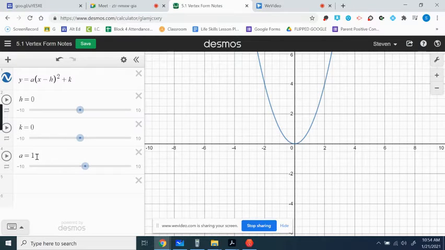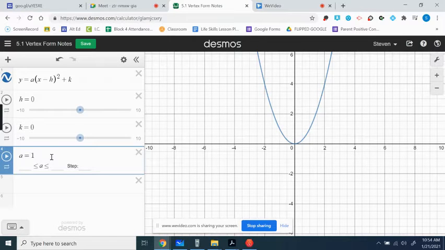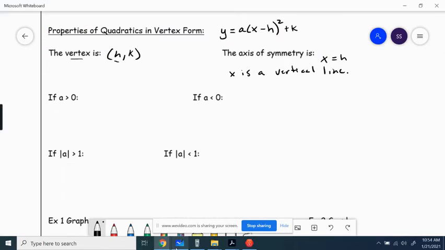What if the a value is less than 0? Let's make this, I don't know, negative 1. As you can see, it opens downwards. And if we change this to 10, it's still going to be down. Let's go back to our notes and write that down.